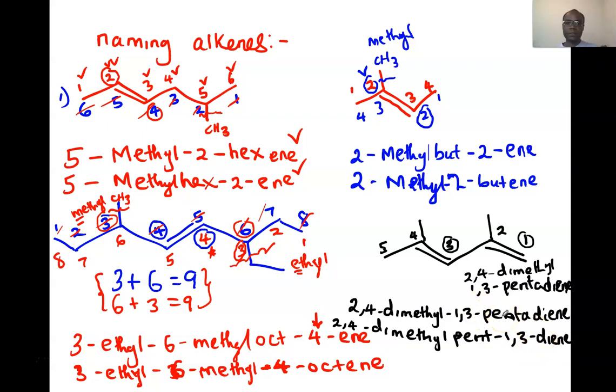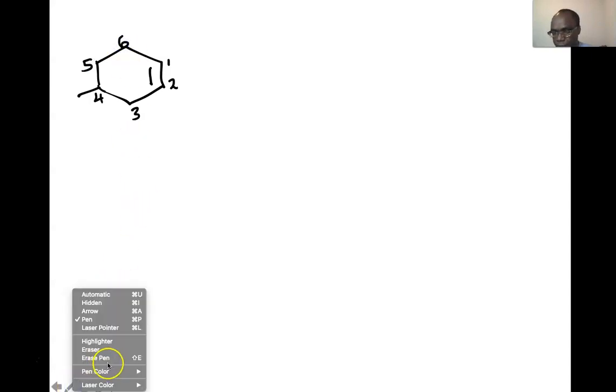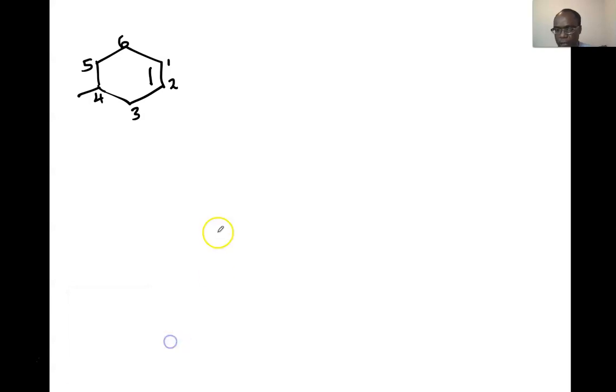Alright, so what if you have cyclic alkenes? What would be the name of a cyclic alkene? So let's start with this molecule. Again, we have to prioritize the double bond, so you have to go through the double bond. Like I said, you have to go through the double bond, or you say in blue 1, 2, 3, 4, 5, 6.